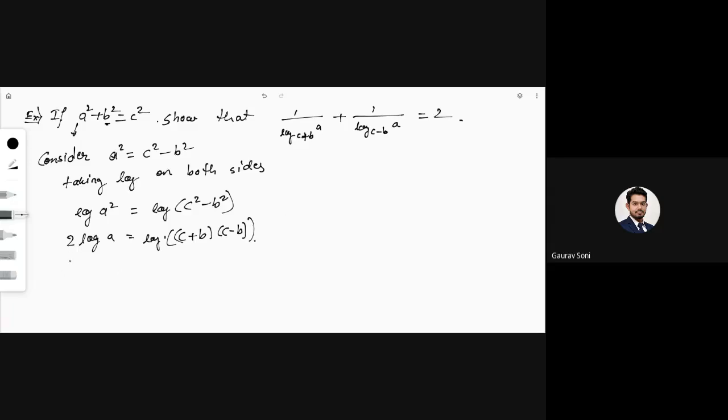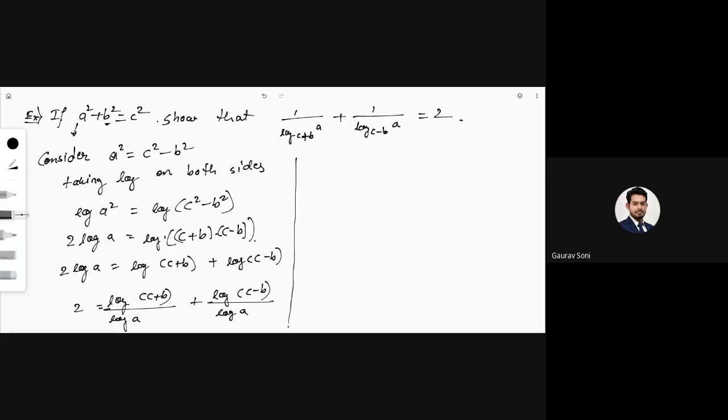Again, 2 log a is equal to log of a into b, so that is log of (c plus b) plus log of (c minus b). Then I will take this log a on the other side. So 2 is equal to log of (c plus b) upon log of a plus log of (c minus b) upon log of a.